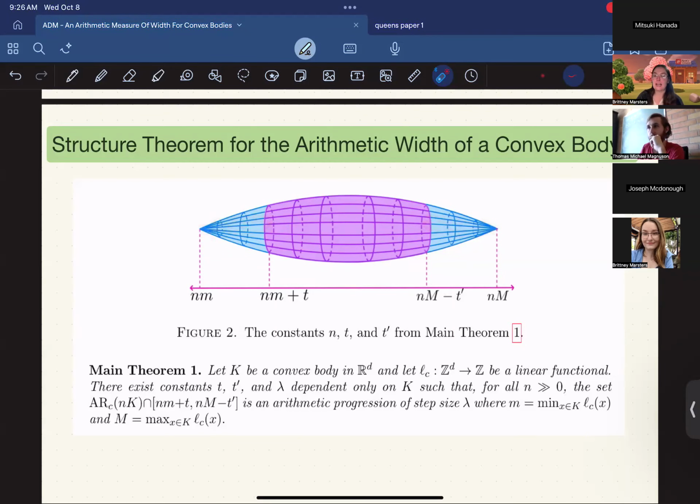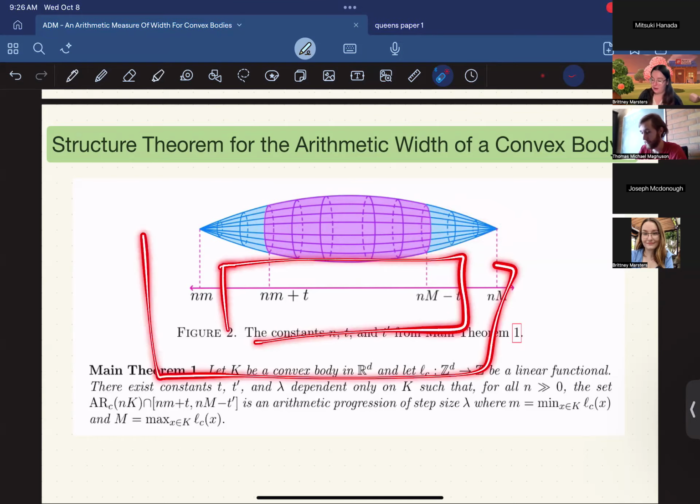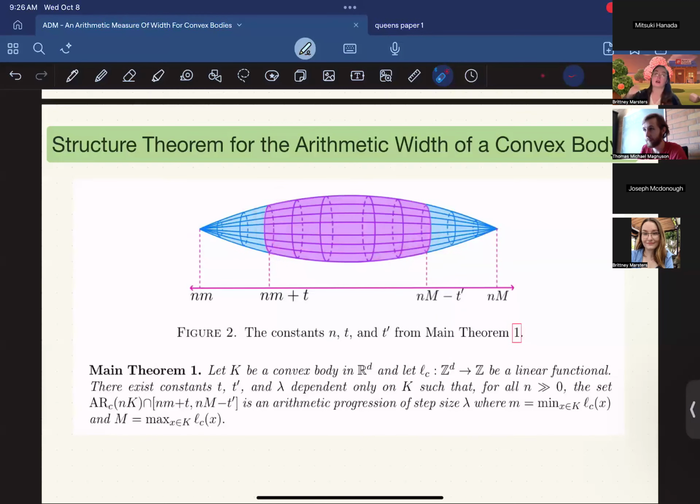As I am dilating, this region is getting bigger, and this distance here is fixed. So it's just getting wider and wider, but the same fixed distance is dragging along in translation. And these regions are where we have the gaps. So the gap structure is just going to get translated along as we dilate.